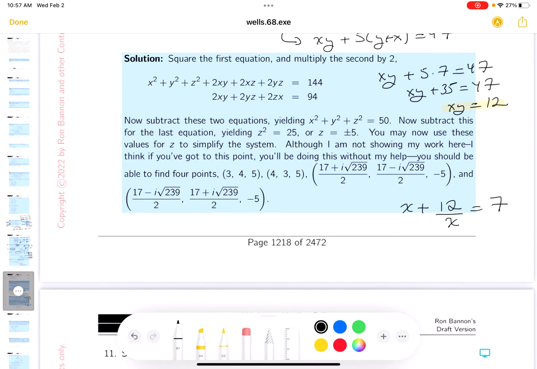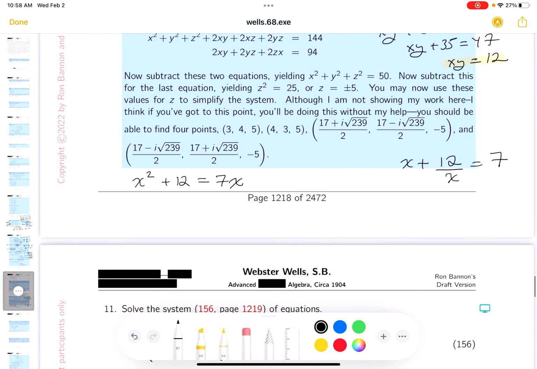So I'm going to multiply both sides by x. What do you get? x squared plus 12 equals 7x. And what I'm going to do now, I'm going to solve it. x squared minus 7x plus 12 is equal to 0.